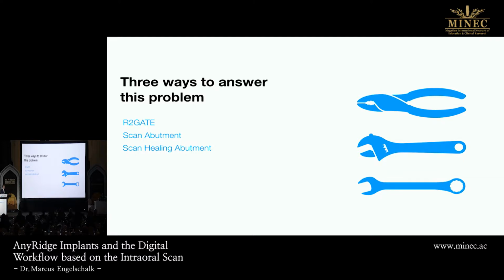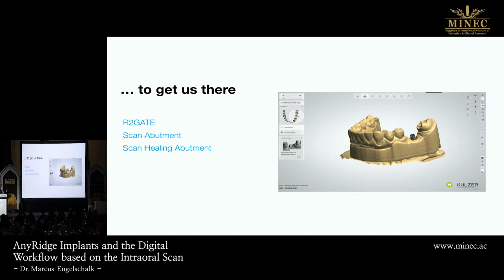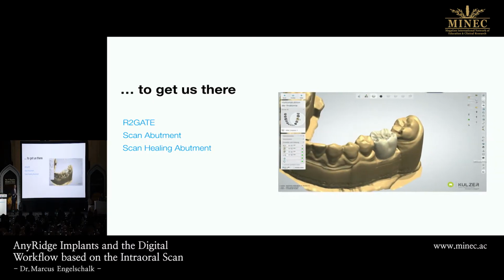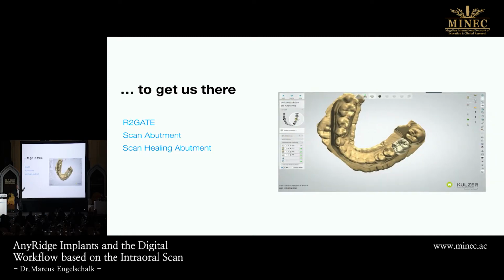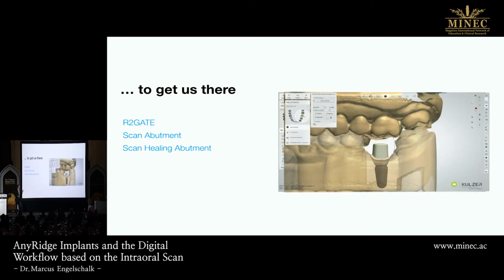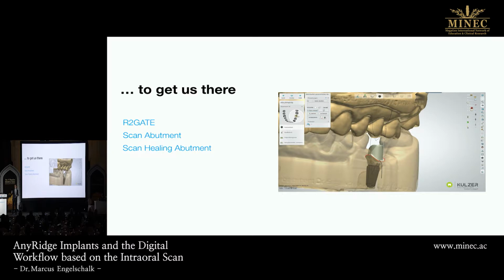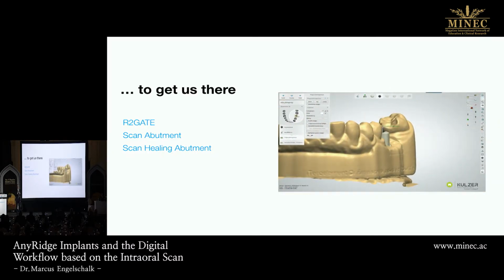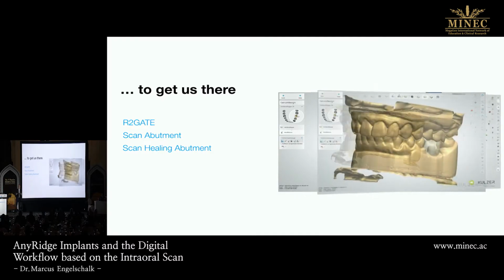Because we want to come from the digital scan somewhere to this. And I don't know if you know what your technician is doing every day. Normally we don't see this. These are some screenshots of the technician. He's doing his work already digitally. It's not us, it's him. For him it's quite normal.